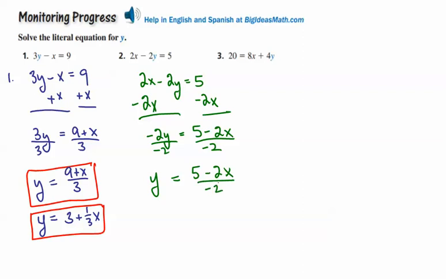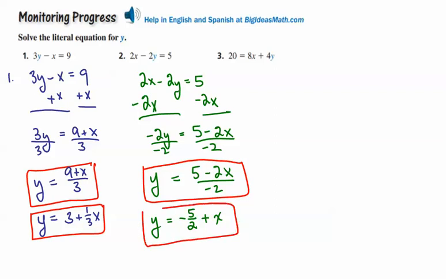Now this can be split up. It gets a little bit complicated, so if you're in the habit or if you like to split those up, be careful. You have 5 divided by negative 2, which is negative 5 halves. Then you have negative 2x divided by 2, which is simply a positive x. So if you're going to split up, then remember that there are some complications involved, and you have to watch your signs very, very carefully.